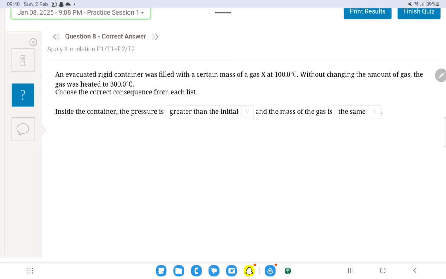An evacuated rigid container was filled with a certain mass of a gas X at 100 degrees Celsius. Without changing the amount of gas, the gas was heated to 300 degrees Celsius. Same as the last question, you have a container with gas particles in a specific volume. The volume doesn't change, only the temperature changes.